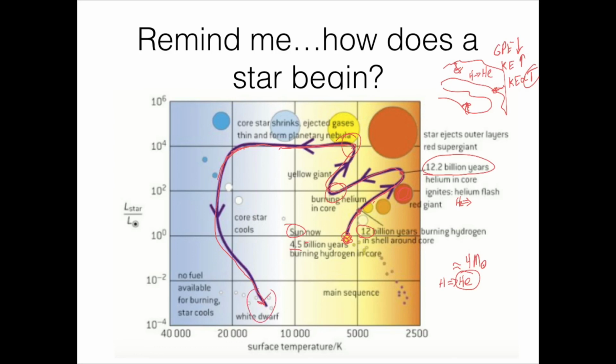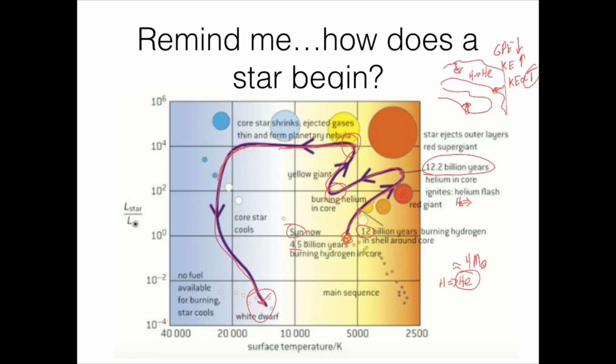It will still be very, very hot, but it's going to be pretty small now. That's why the luminosity is so low, because it's much, much smaller at this point than it used to be. That's over billions of years.